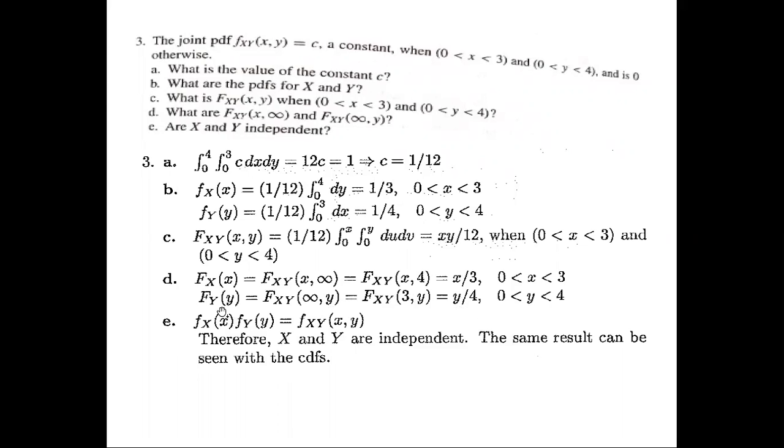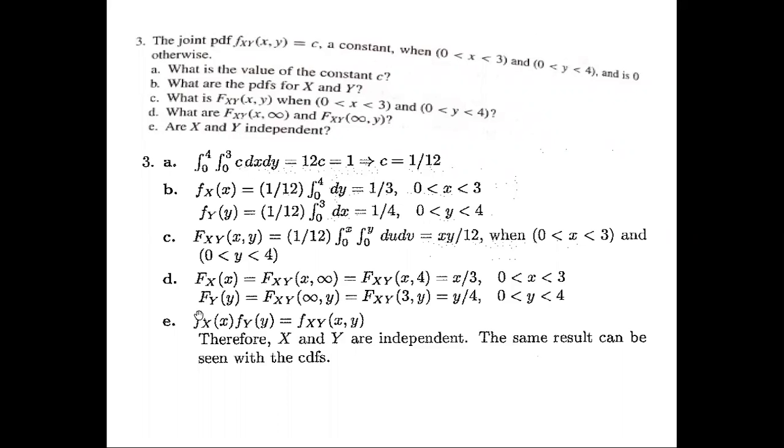Then we can multiply these two to test whether they are independent. Multiplying 1 by 3 and 1 by 4 gives 1 by 12, and that 1 by 12 is the value which we already have here, the c value. So f of x, y at x comma y is 1 by 12, because we found c as 1 by 12.